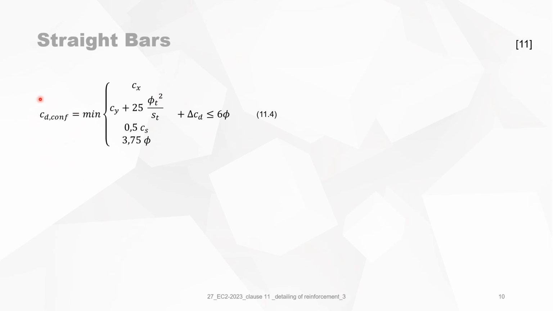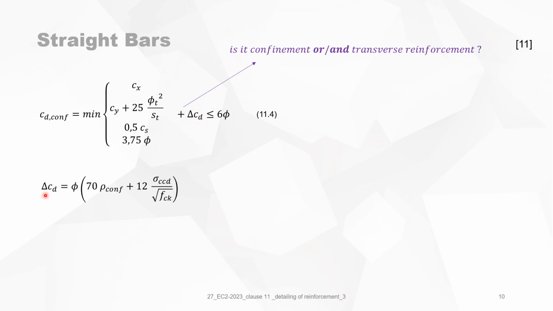Now the cd confinement is the minimum of those four elements plus delta cd, and must always be equal to 6 times the diameter. So by confinement or transfer reinforcement, you cannot gain more than 6 times the diameter in the anchorage length. First question, we'll see delta cd, I'll show it to you just now, is a function of the confinement reinforcement, and this is a function of the transfer reinforcement.